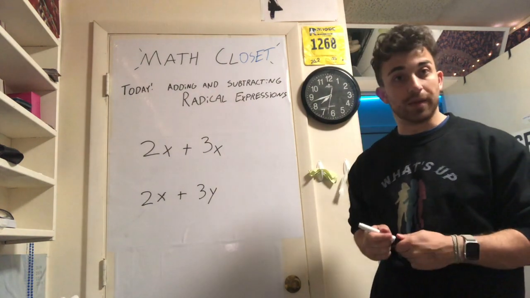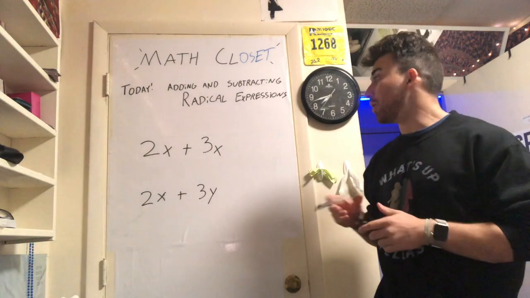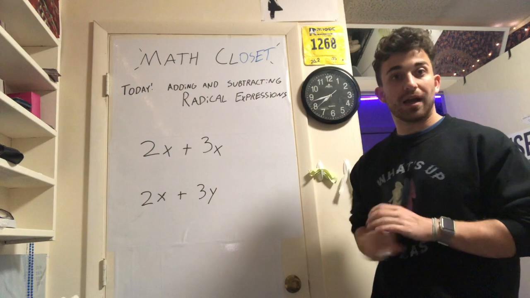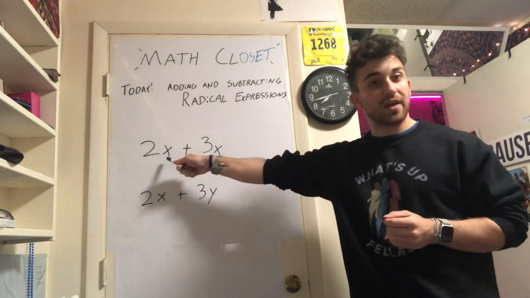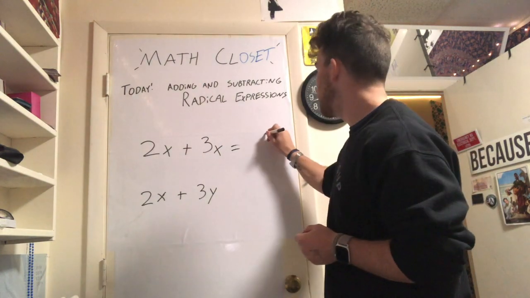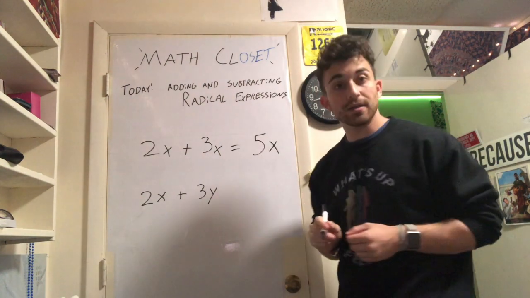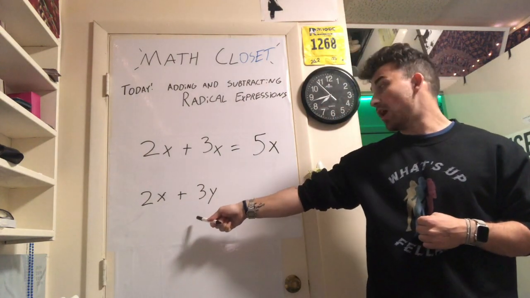So to show you an example of this, on the board you'll see two different expressions. One of them is 2x plus 3x, and that's something that we can combine because both terms have an x in them. So 2x plus 3x is the same as 5x, but this expression on the bottom cannot be simplified.